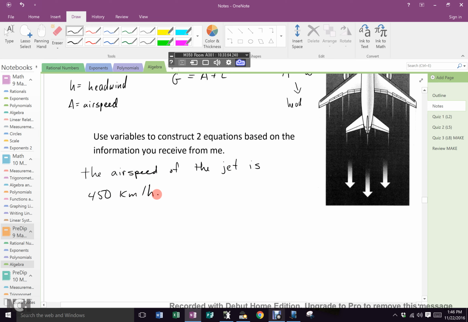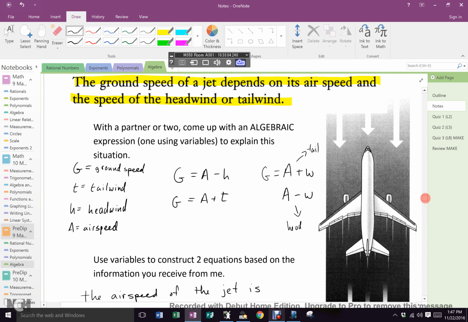Now you have information. How are you going to write some equations? You all agreed that you were happy with either of those two examples up top.